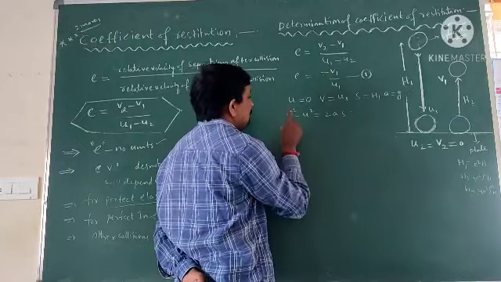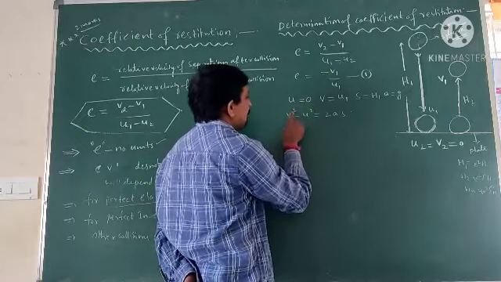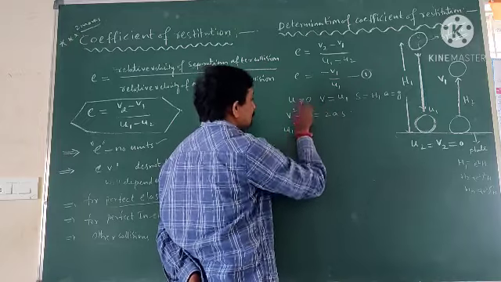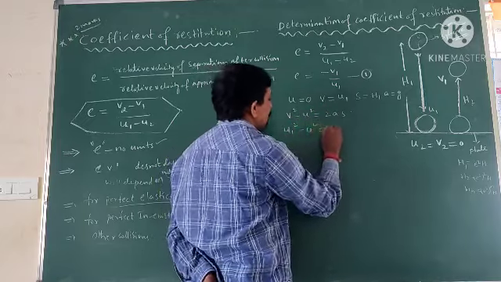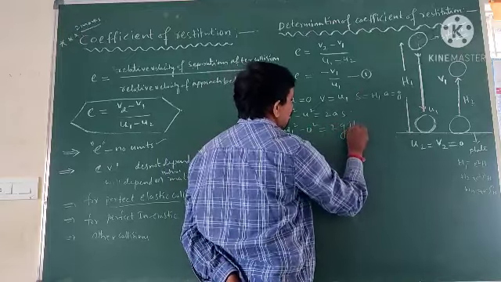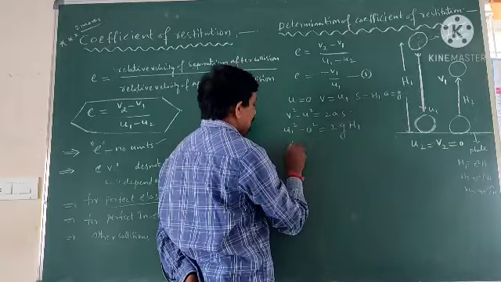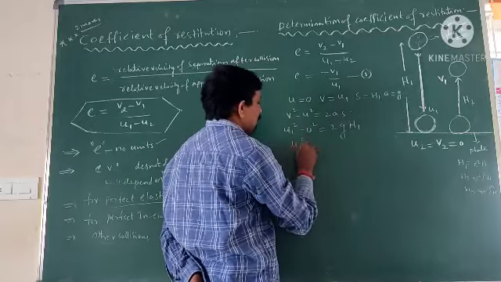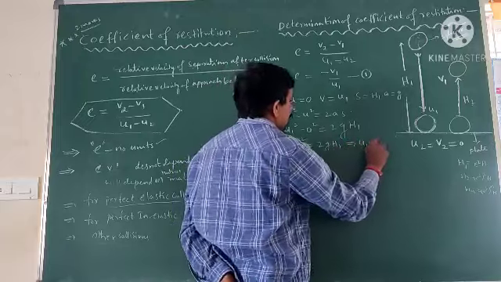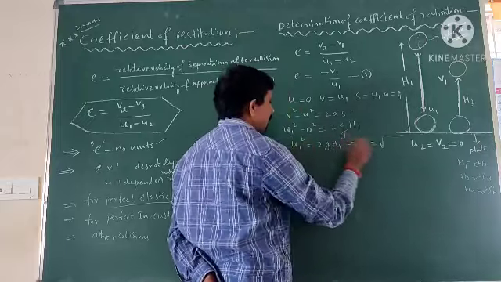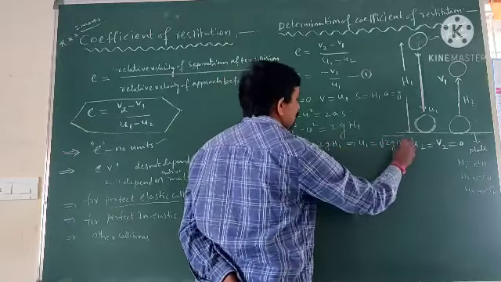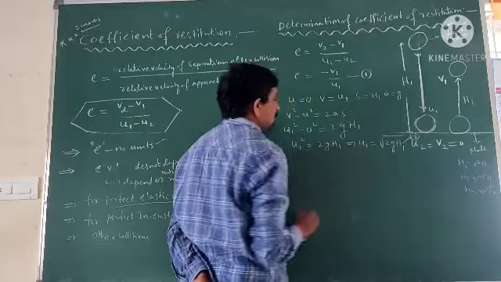So v is u1, u is 0, a is g, and s is h1. So the equation may be written as u1 square is equal to 2g h1, or u1 is equal to under root 2g h1. This is equation number 2.